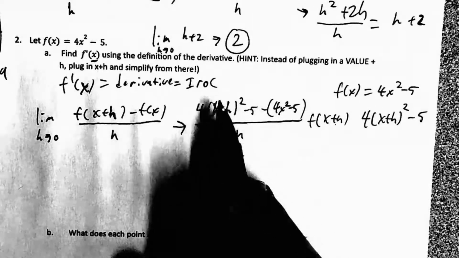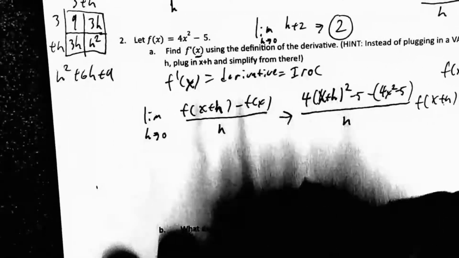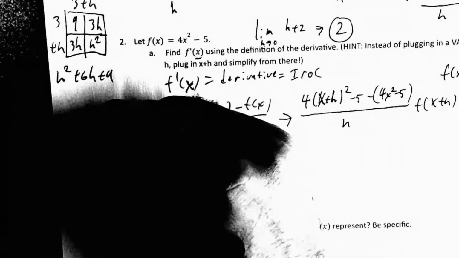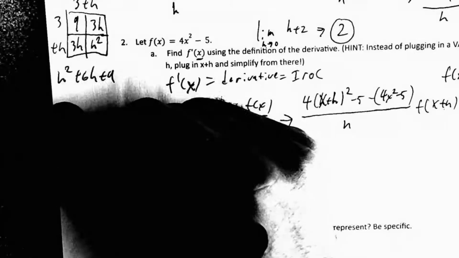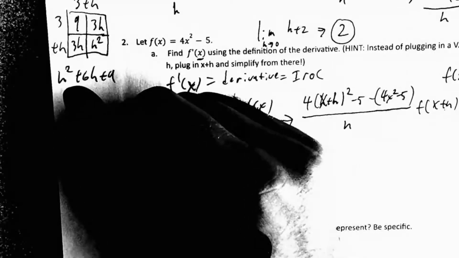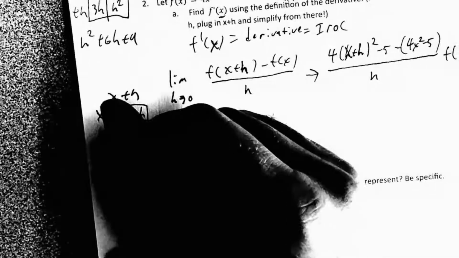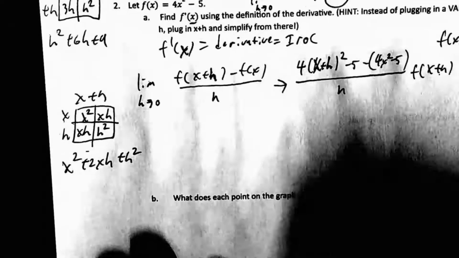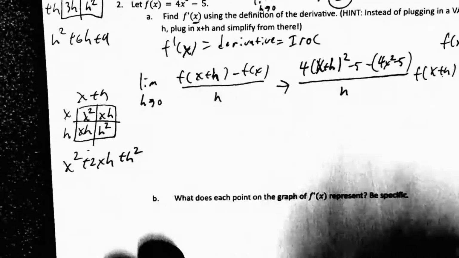So x plus h squared, I'm going to start with this, x plus h squared. X plus h, multiply them out, I get x squared, xh, xh, h squared. Altogether, x squared plus 2xh plus h squared. Okay. Now notice there's a 4 in front of that. I'm going to break this into several steps.